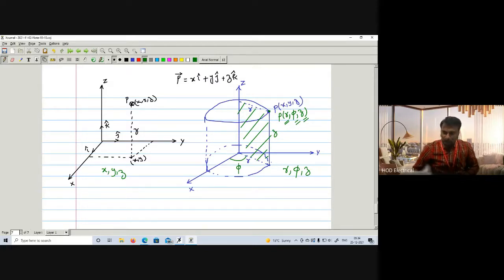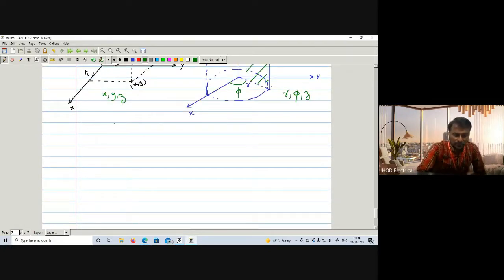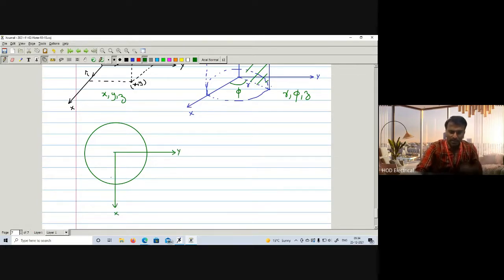In another way also we can understand this concept. In the last lecture we came to know what is meant by polar coordinate system, x comma y. In order to find this point, we drew one line from this, and we drew this. So this will be y, this will be x, this will be radius r.